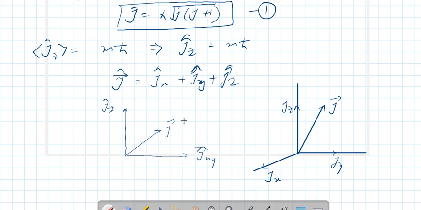But if I try to look at their values, then this j is simply h cross root of j into j plus 1, and the value of this is m h cross. This is nothing but the value of jz. So j can be expressed in this way, and its z component can be expressed in this manner.